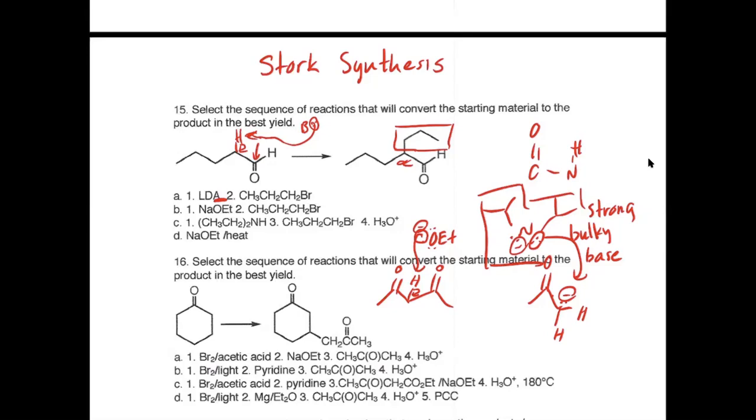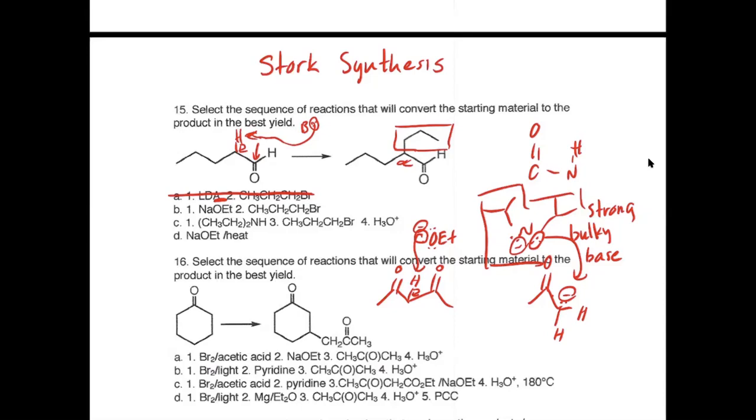That's why it's not ideal to use LDA if you want to 100% ensure the alkylation, because aldehydes have less steric hindrance. Even though LDA is so bulky, you could get some attack of the carbonyl instead. So we're going to knock it out. LDA should be for ketones, not for aldehydes.